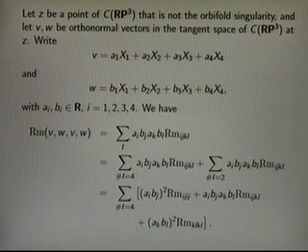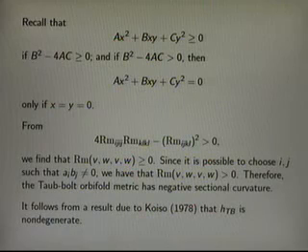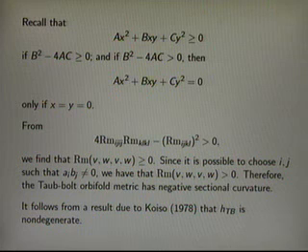So I took a plane generated by V and W, and if you compute the curvature tensor, you get this quadratic expression here. The only thing you have to show is that this discriminant is positive.